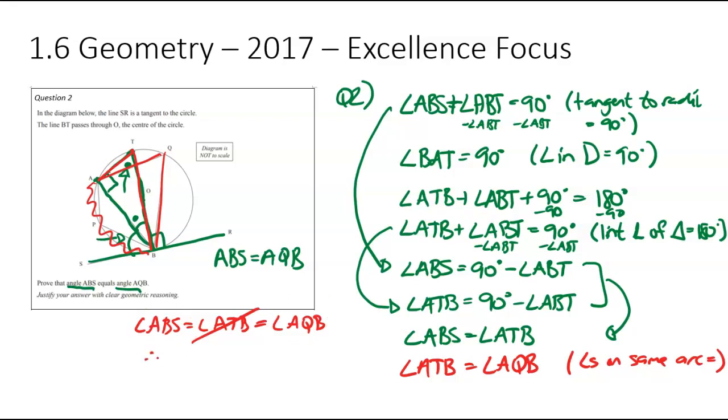So therefore, angle ABS is equal to angle ABQ. And that there wraps up our answer. So if you get to that, that there is where your E would be. I just want to emphasize this question here is really, really challenging. Probably, if I sat this exam, I probably wouldn't have got that question, would have been comfortable with the other ones, but that one was a bit of a headache, a very hard proof question.